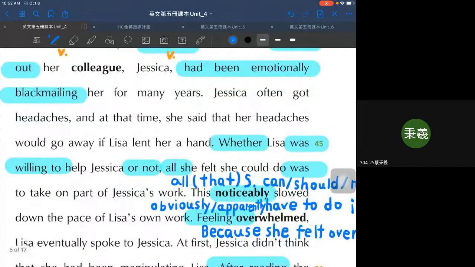So you can also underline the phrase here, lend someone a hand, which means you give someone a hand, which means you try to help someone. Okay, so lend someone a hand. You can also use a word like give. Give someone a hand, which means you try to help someone.